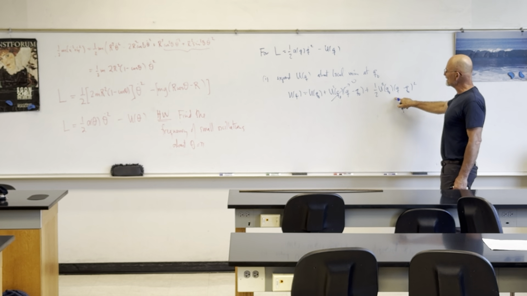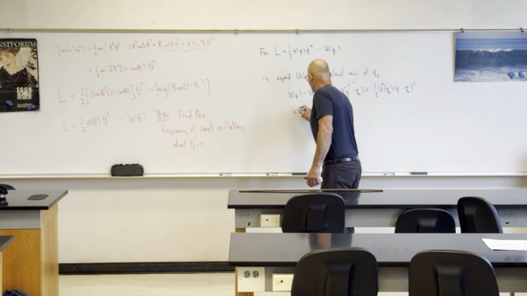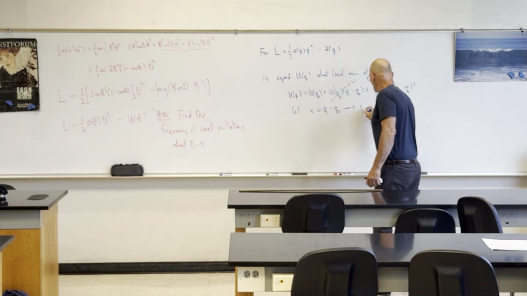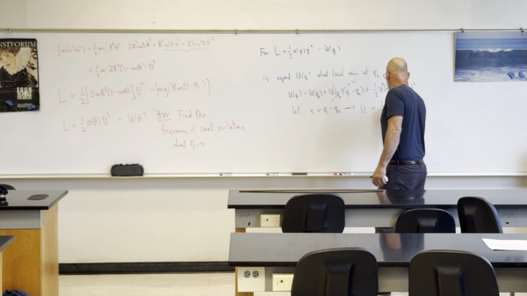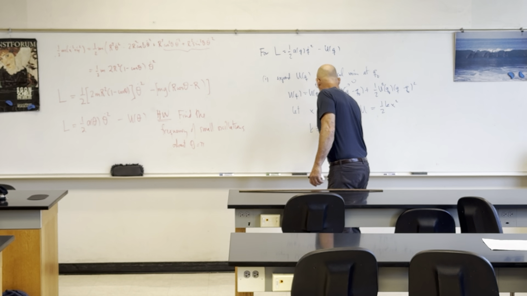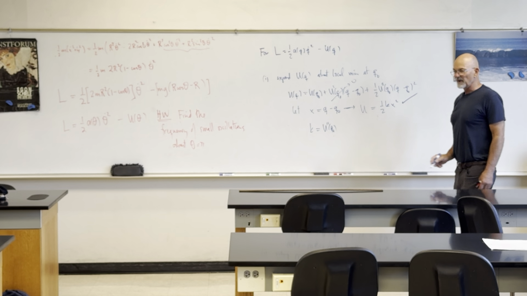And so we essentially have, so let x equal q minus q0, then we have U equals 1/2 k x squared, and we're going to let k equal U double prime of q0. Right, so that takes care of part of this.